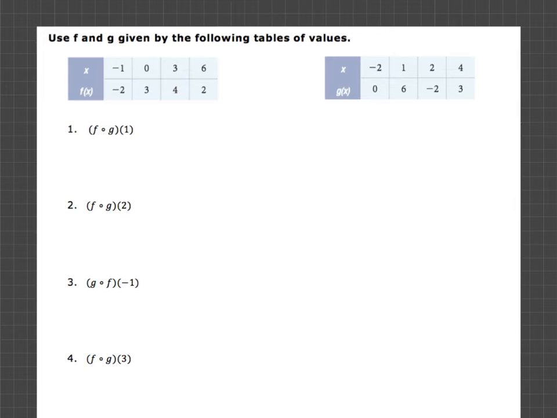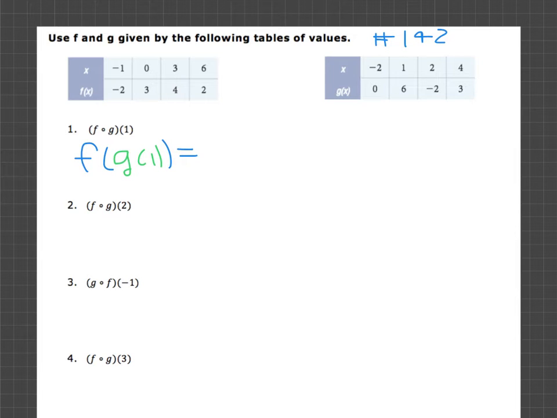Okay, so we have another kind of problem here, and these ones are like number 1 and 2 on the assignment. So this time we have functions given to us in table format, and we want to find these function values. So for number 1, we're looking for f of g of 1. So g of 1 is the inside thing, so we evaluate that first.